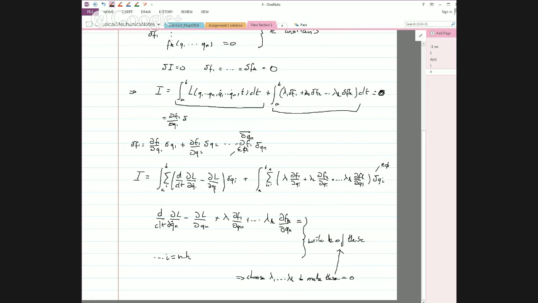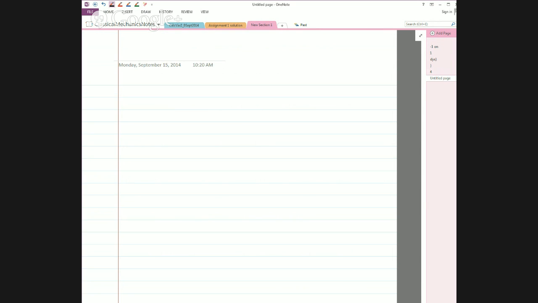And so the final equation that you get, my computer will cooperate, is for all i, so any ith term, you find that d/dt of ∂L/∂qi dot minus ∂L/∂qi minus the term with the lambda is equal to 0, or plus the term with the lambda is equal to 0.